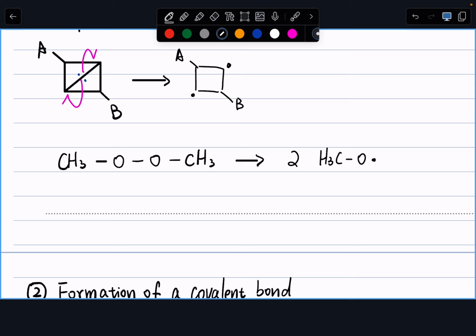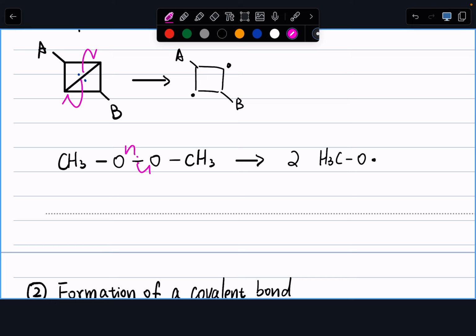How do you use arrow pushing to show the movement of the electrons? Well, we're forming two oxygen-centered radical species, so we're breaking the oxygen-oxygen bond homolytically. In this case, when we're drawing it, we do one single-sided arrow to the left oxygen, and another single-sided arrow to the right oxygen.